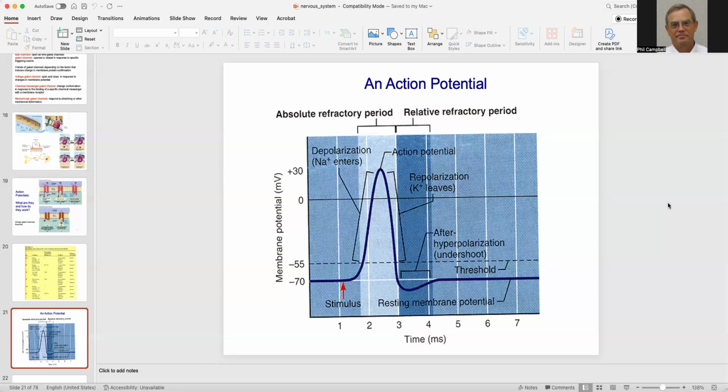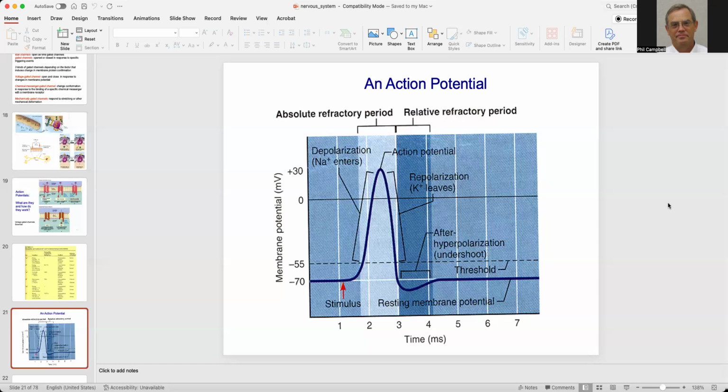At that point, I can't initiate things either, because I'm at plus 30, not at minus 55-ish millivolts. So we have to drop down below 0, and we have to get somewhere down toward minus 70. This area here is the absolute refractory period. Once I'm committed, I can't change anything.